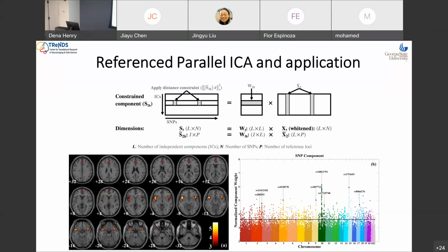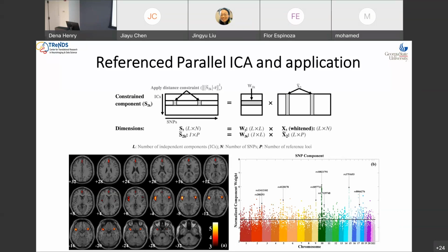The idea here is that you provide parallel ICA with some reference SNPs which you know are relevant to the trait of interest. Then parallel ICA is instructed to make sure that these reference SNPs will be highlighted in the resulting component. Meanwhile, this prior knowledge is expected to help guide the learning process toward a more global optimum.